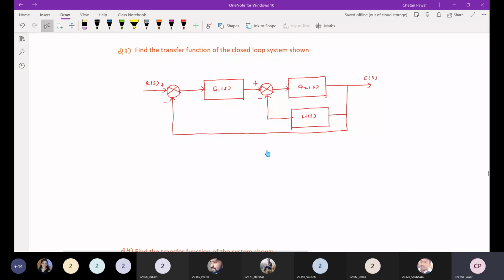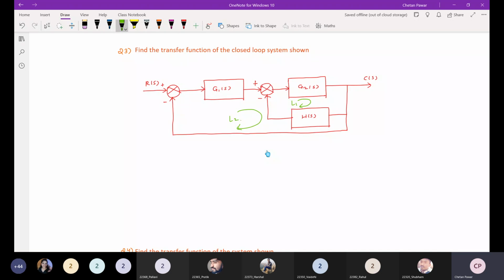Okay. Now here, find the transfer function of the closed loop system shown. So can you guess here how many loops are there? Two. Okay, two loops. So this is the first one and this is the second one. Okay.